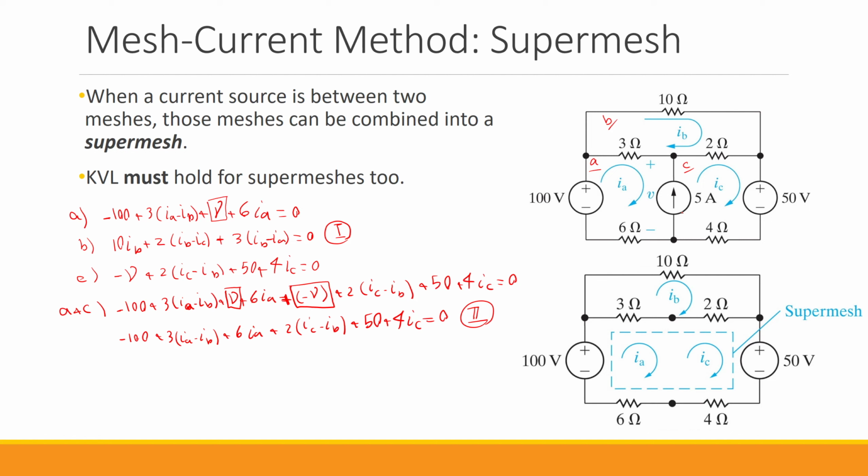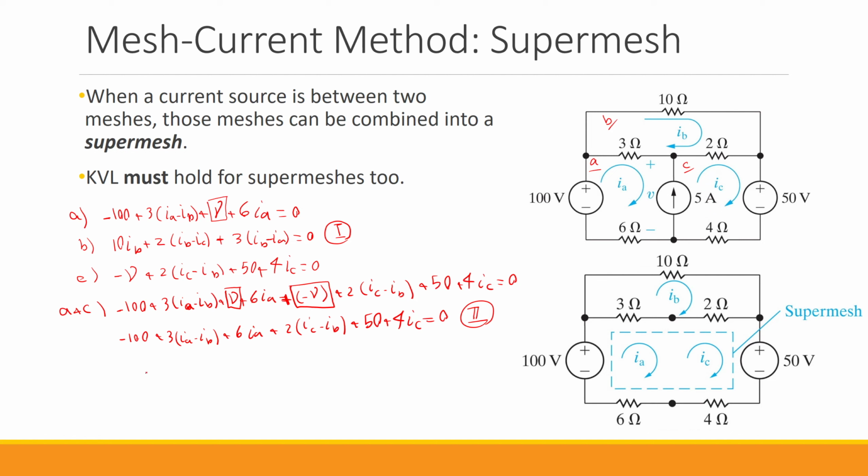The third equation can be acquired based on the fact that this current source is common between mesh A and mesh C. So if you look closely, you see that the direction of this current source is in the direction of IC, right? It is going clockwise.